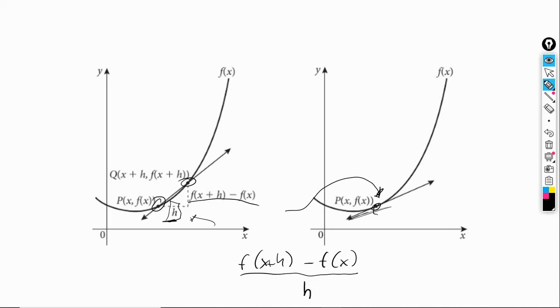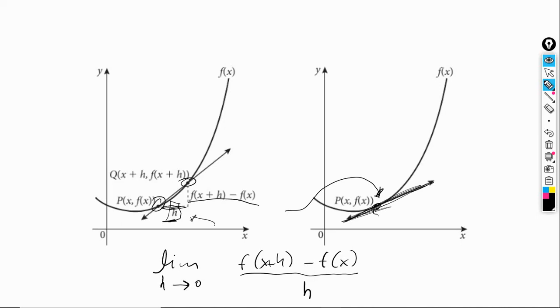Think of it this way. The slope of this line at the point of tangency would be the same as saying, what's the limit of this function as h approaches 0? As h gets smaller and smaller, remember that h here had a visible distance.